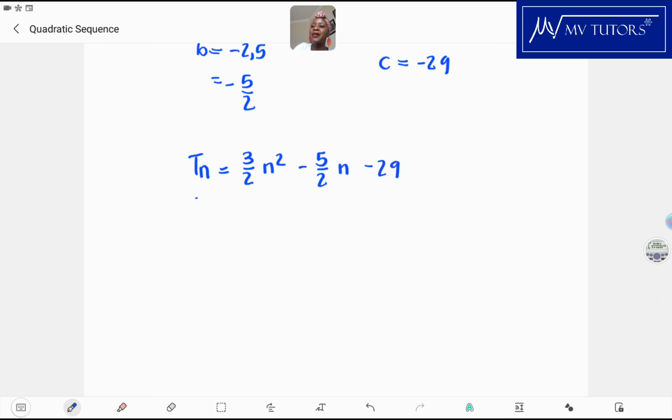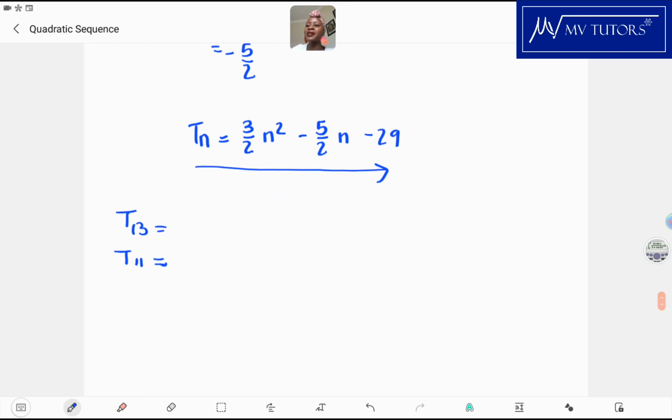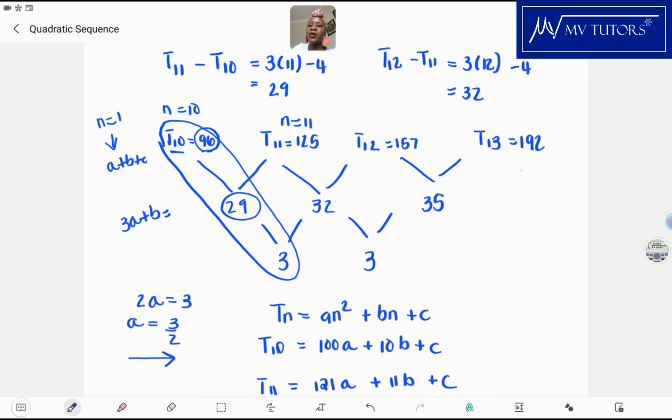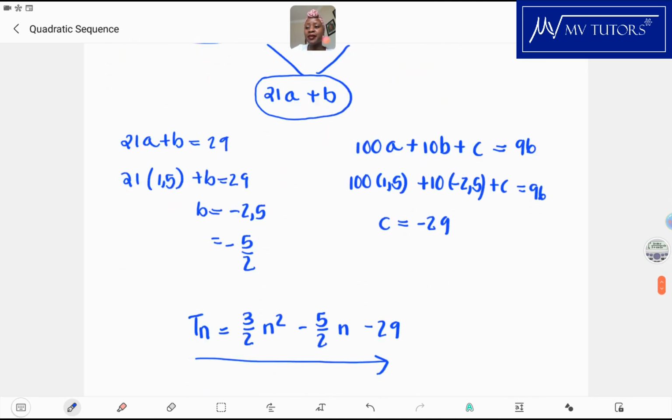And before I get excited, I'm going to test it. I'm going to test for T13 and T11. We know T11 was given to us, it's 125, and T13, we also tried it, it's 192. So we're expecting 192 for T13 and 125 for T11.